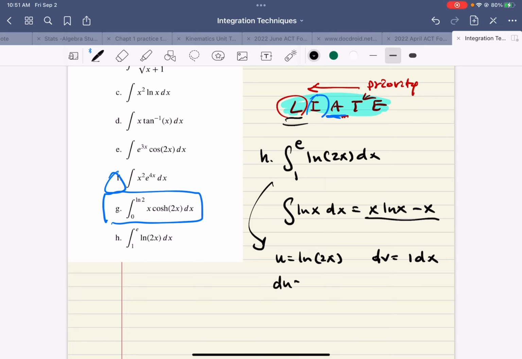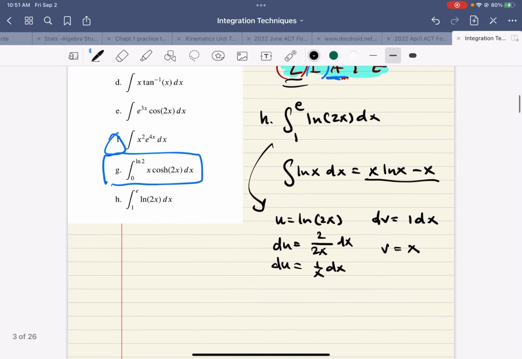So du equals 1/2. No, not 1/2. So 2x, and then the derivative of 2x is 2. Okay, and dx, which is 1 over x dx. Okay, now v equals x.